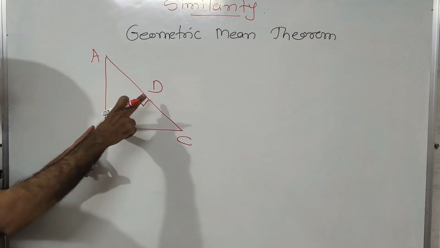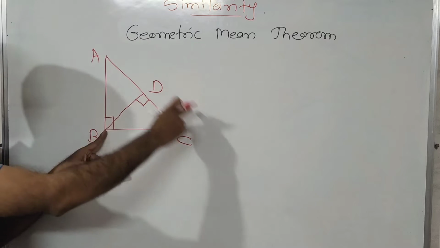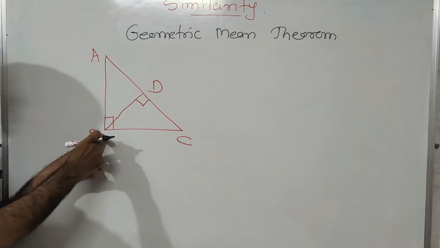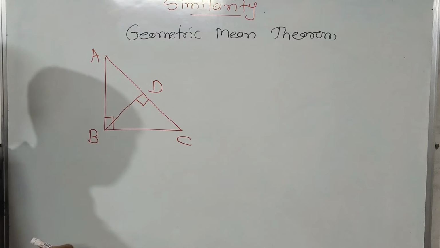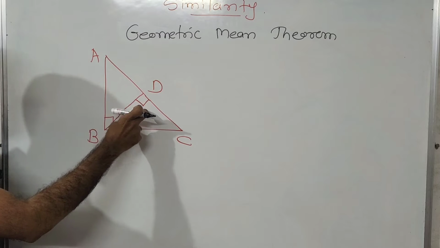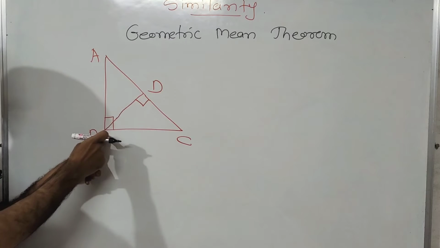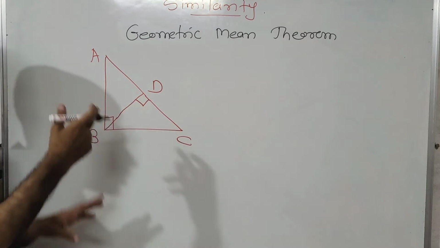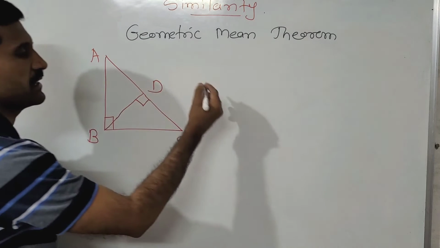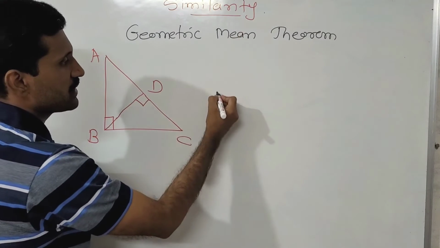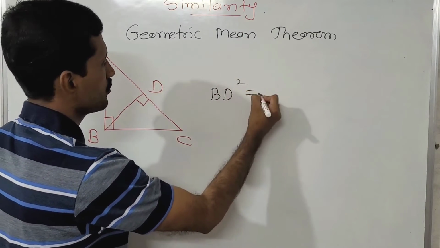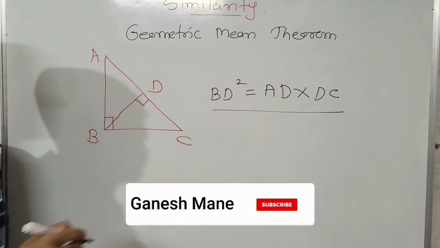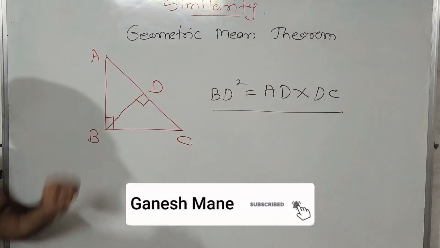Now in this case, as BD is the perpendicular drawn on the hypotenuse AC, so the geometric mean theorem is: a perpendicular drawn on the hypotenuse in a right angle triangle is the geometric mean of these 2 smaller segments, that is BD is the geometric mean of AD and DC. So if BD is the geometric mean of these 2 smaller segments, then by the geometric mean theorem we can write BD square is equal to AD into DC. So this is geometric mean theorem for a right angle triangle.